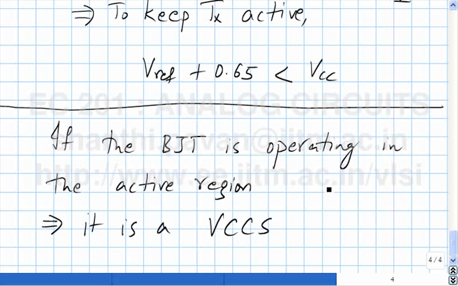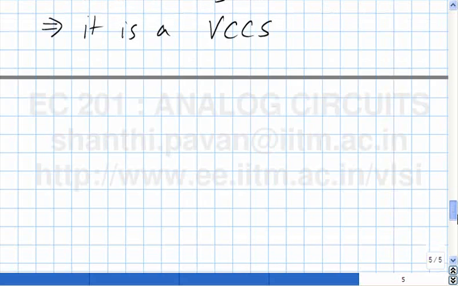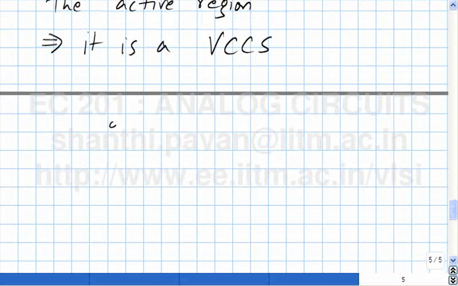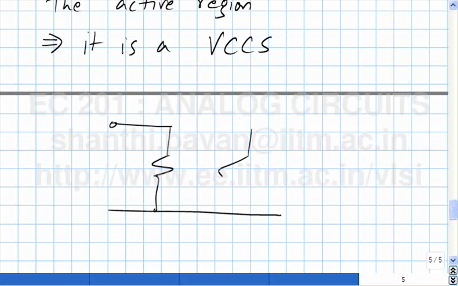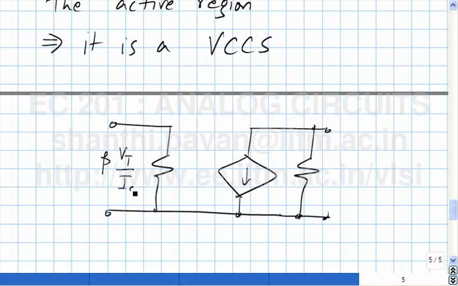Any amplifier that I make with a VCCS will have a gain and impedance, which are all dependent on the transistor. Okay, it's a VCCS, and to remind you of the incremental model, this is beta times VT by IC.